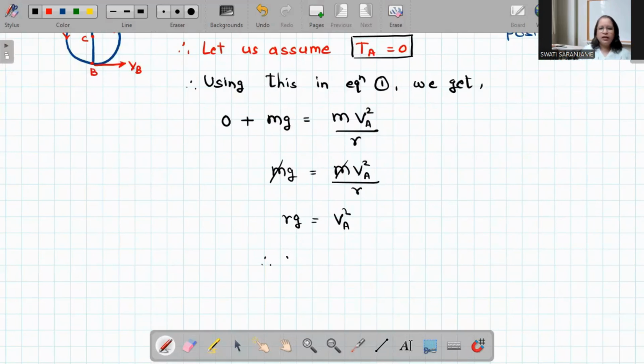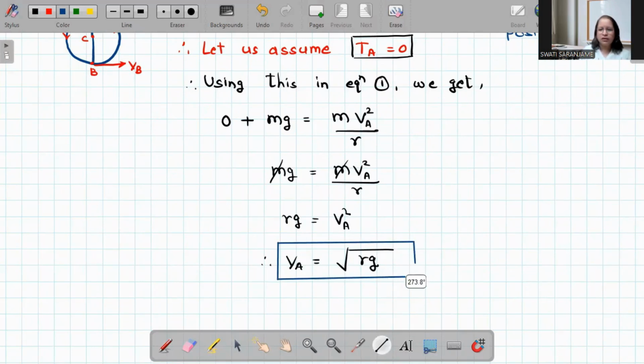Taking the square root on both sides, we get VA is equal to under root RG. And this is the necessary formula to find the speed of the object at the highest position, or the uppermost position on the vertical circle.